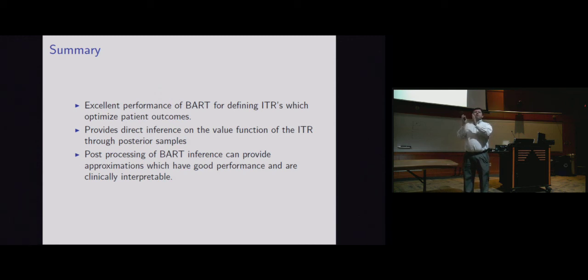So that one changes in a sense, right? The optimal rule changes from draw to draw. So that's not one that you can actually define or use, but it's more of a theoretical concept. The BART ITR is one where you actually use the posterior predictive distribution across all the samples.